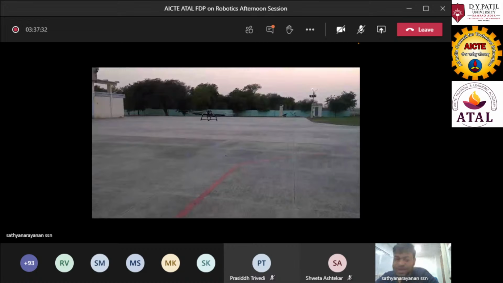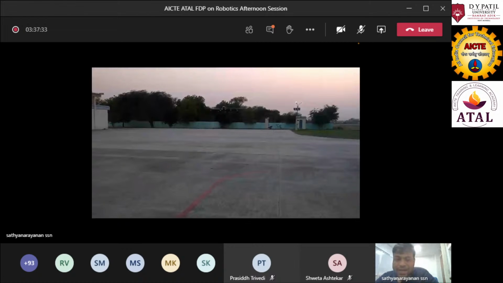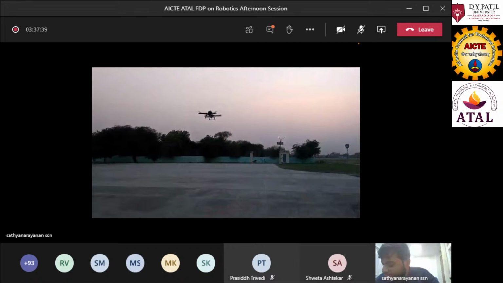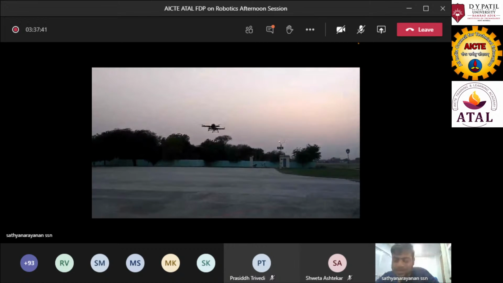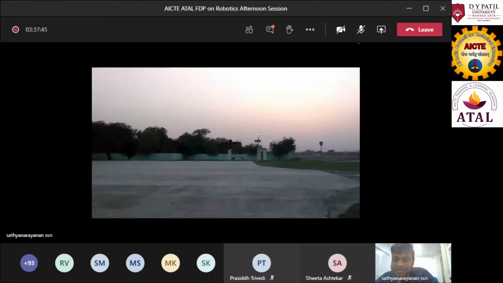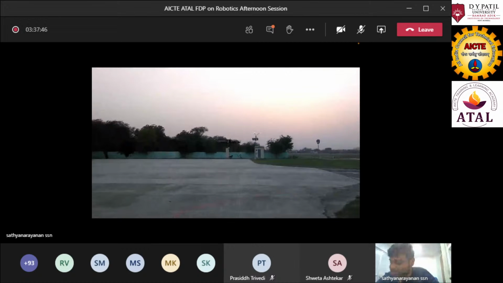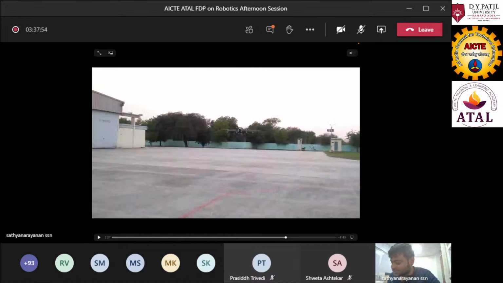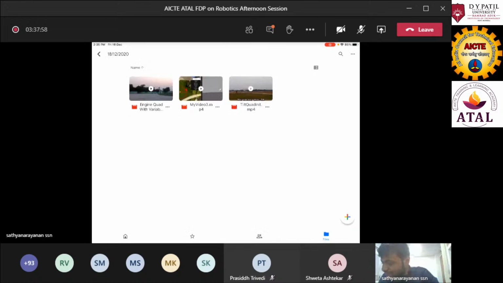What we have in our lab is a motor type, and for the engine also they have done it. They are controlling it using a joystick as of now, and one person is controlling it using the joystick. It's a very long video, so close it.